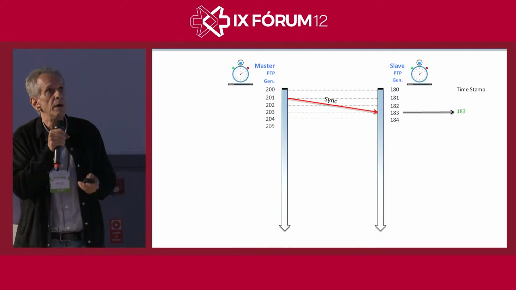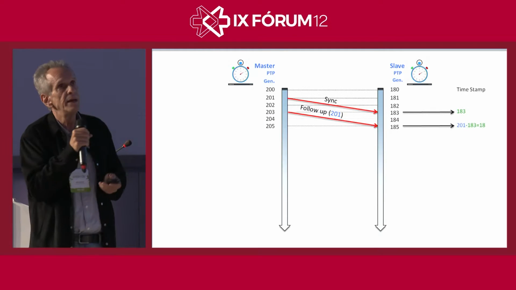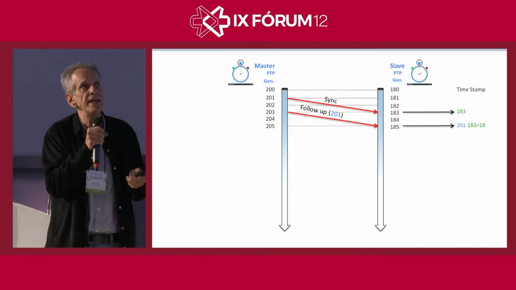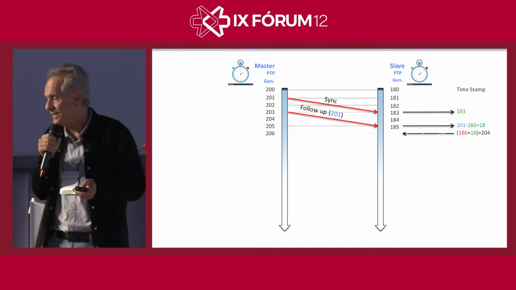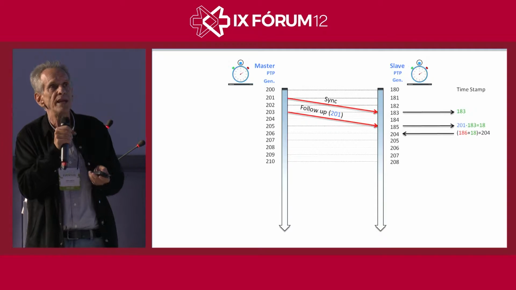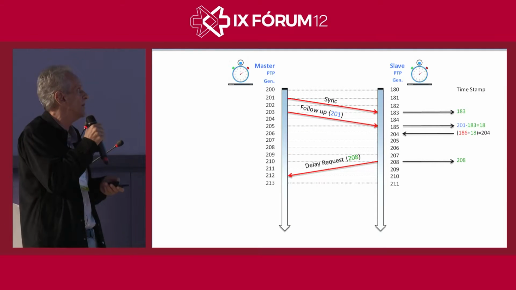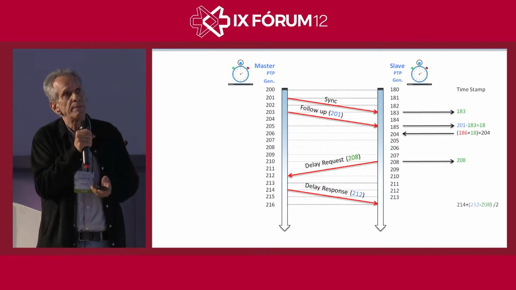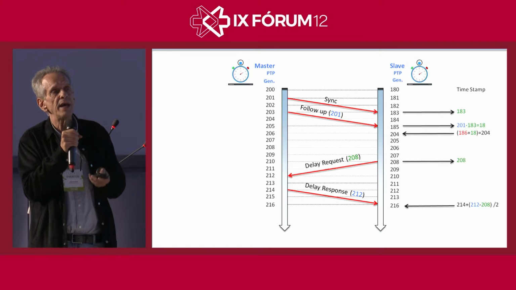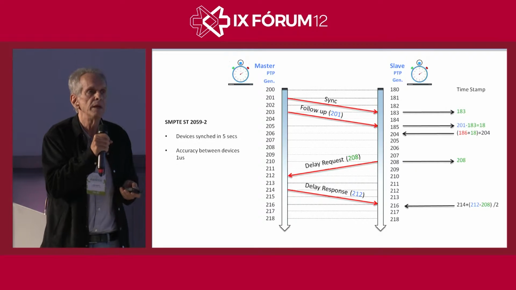Receptors will keep those sync messages, and after some time, they can know the shift in relation to the master. In addition to the shift which is corrected, they still have to comply with a network delay which has to be calculated. And after the 4th message, you may synchronize.